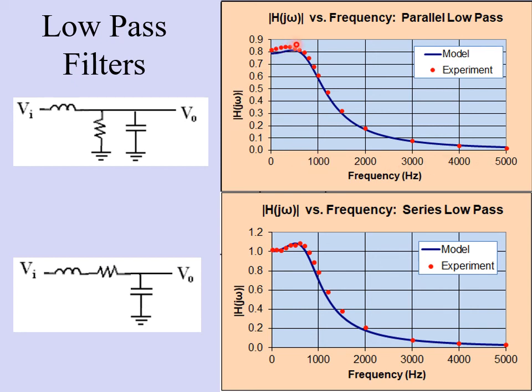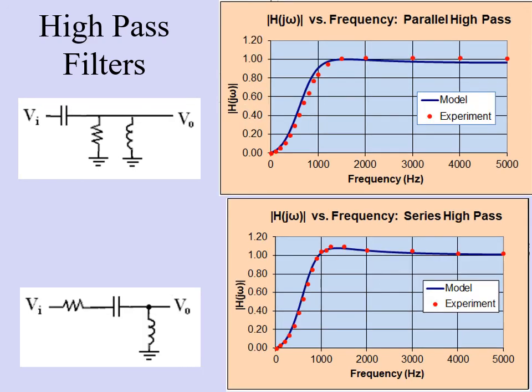The blue solid line is the Excel model, so that's the theoretical output of this filter, and the red dots are my actual data that I collected from the curve tracer. You can see there's an excellent fit between the data and the theoretical model for both designs here.